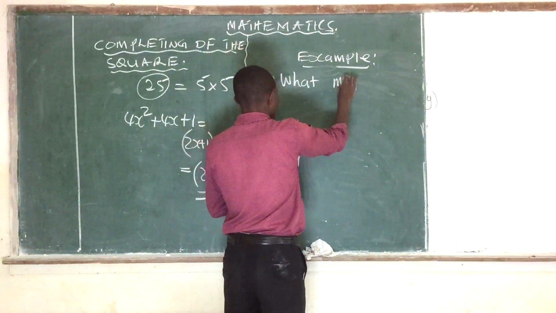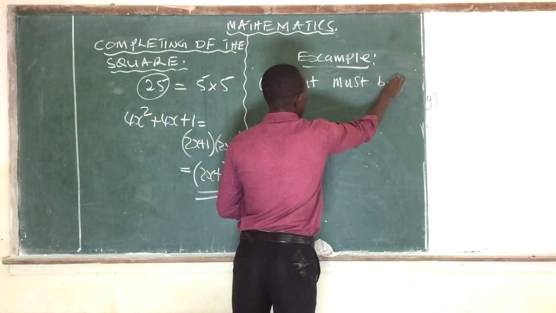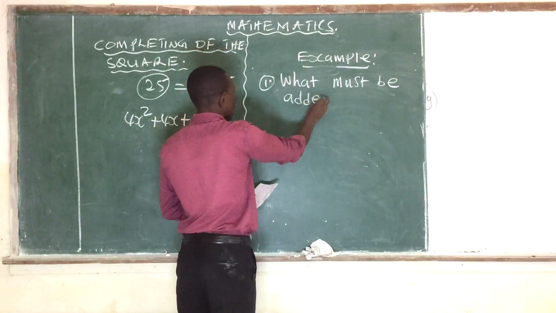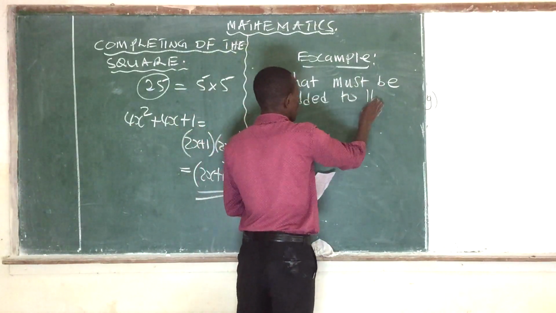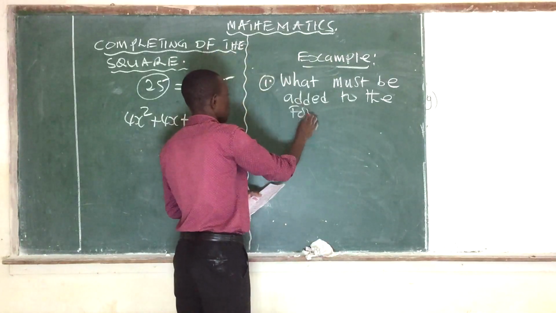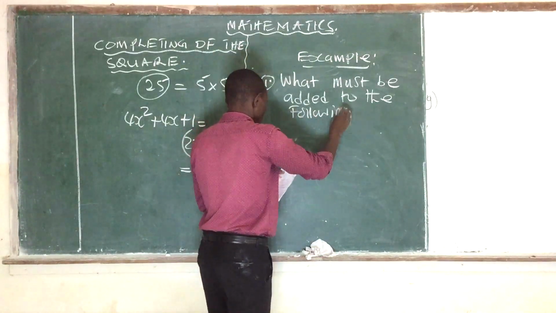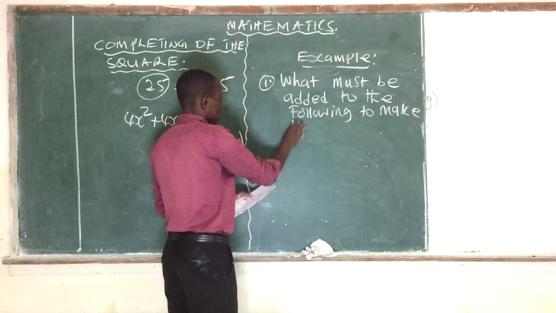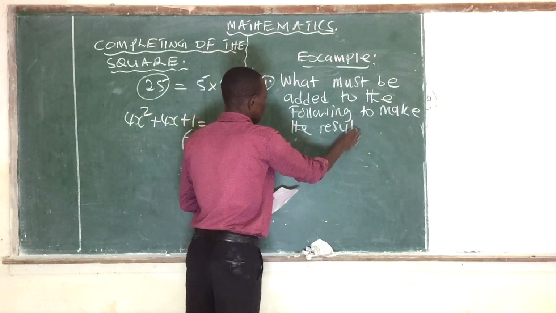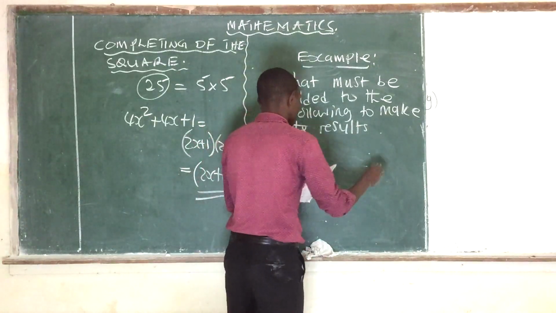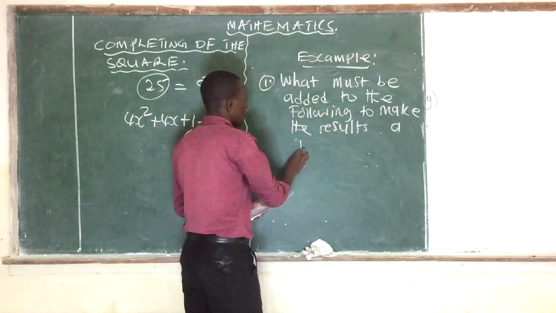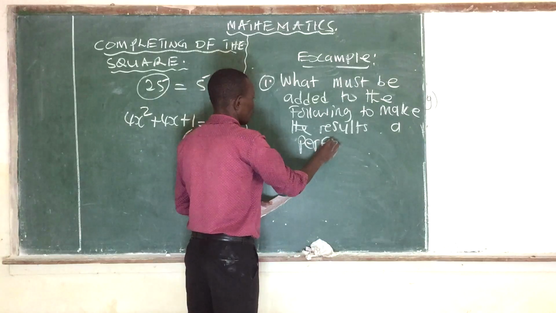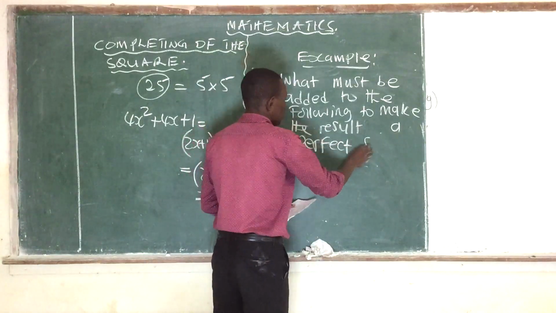What must be added to the following to make the results a perfect square?